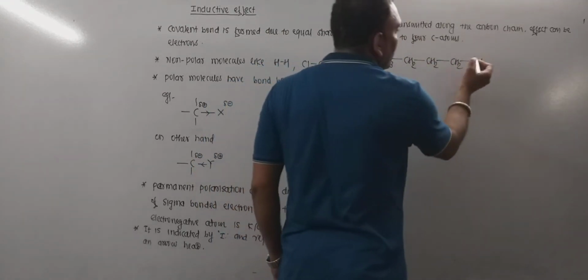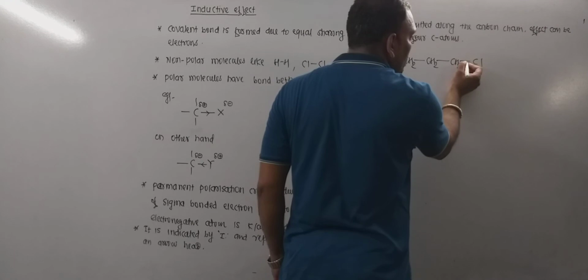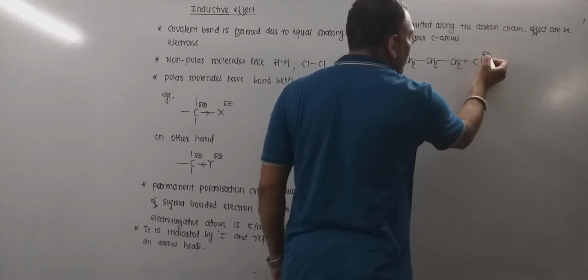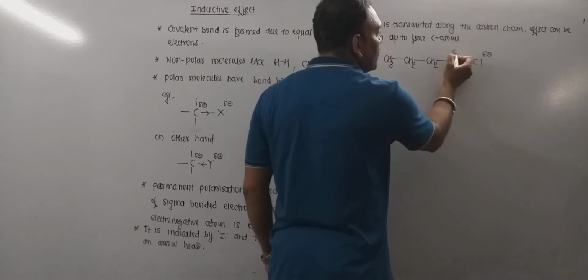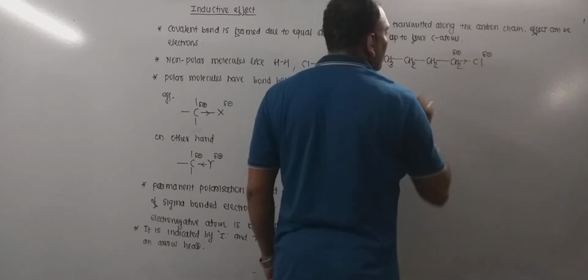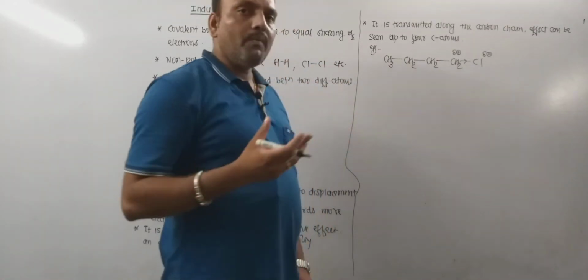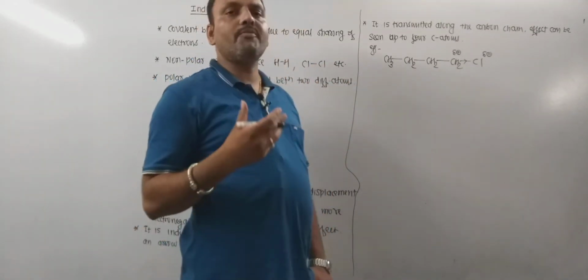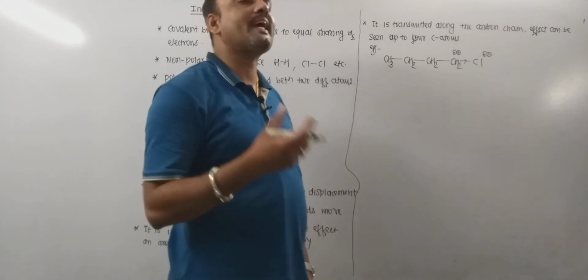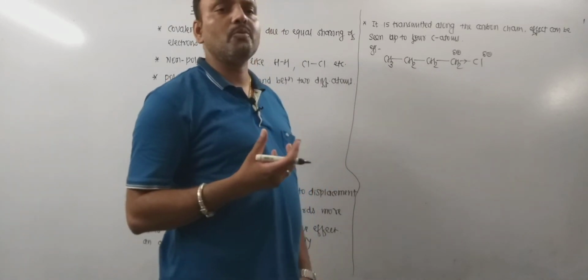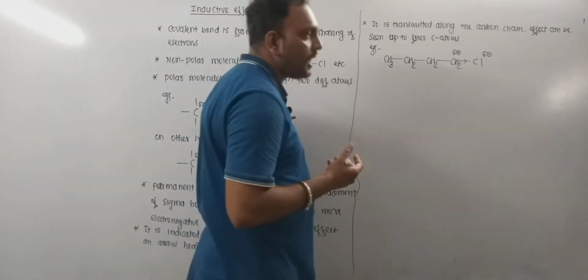So ultimately it would attract this shared pair towards itself and acquire what? A partial negative charge. And this carbon acquires a partial positive charge. Now we know very well, as per the laws of physics, if charge is stagnant on any species, then that species prefers to nullify or neutralize that charge.